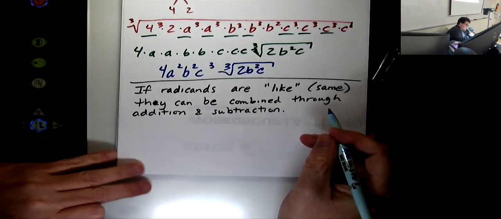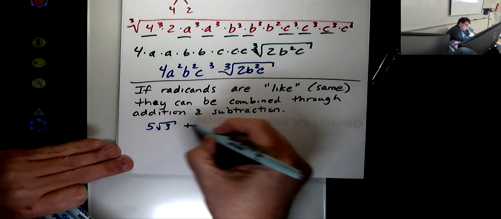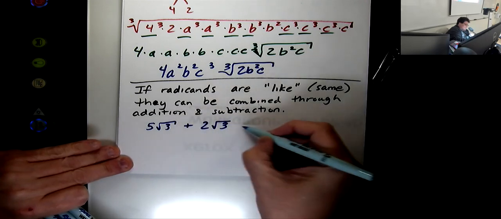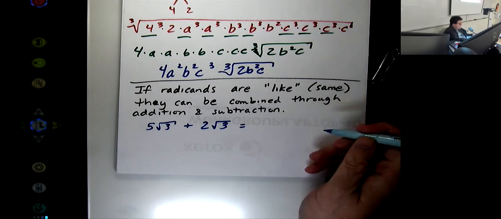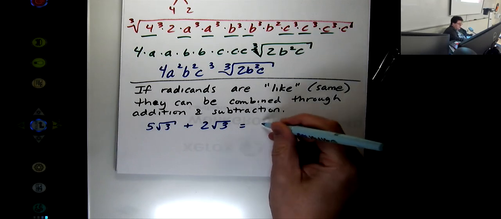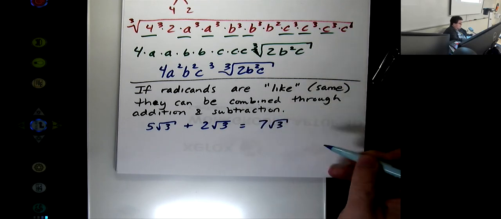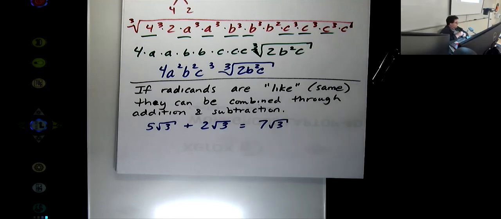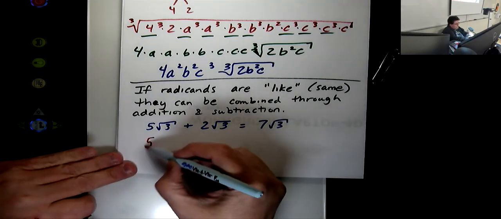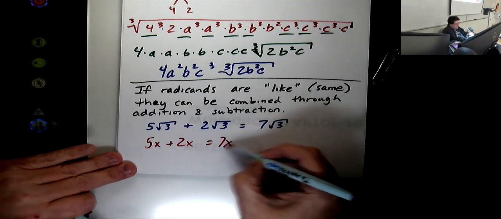Some simple versions of this: 5 square root of 3 plus 2 square root of 3 is 7 square root of 3. So in terms of the radical part, just treat it like a variable. If this said 5x plus 2x, you can just add them together and have 7x.